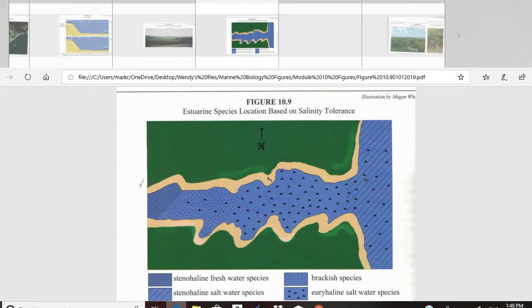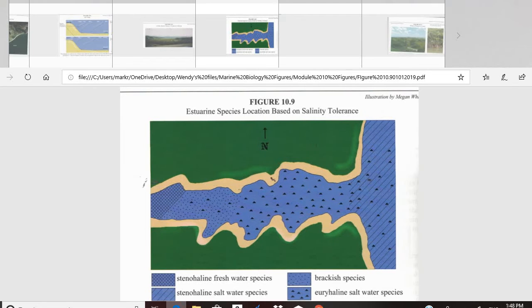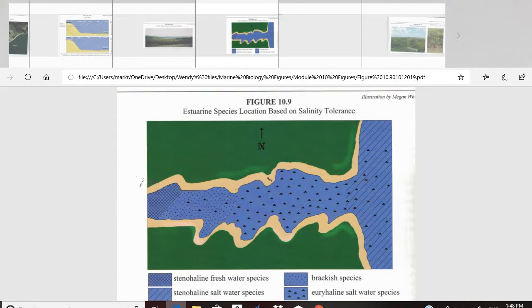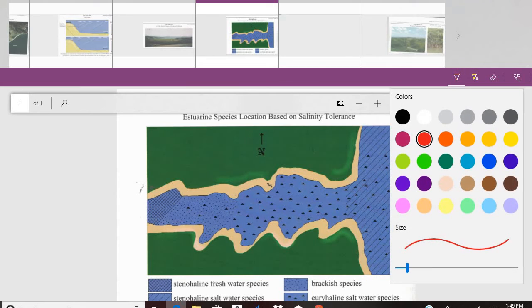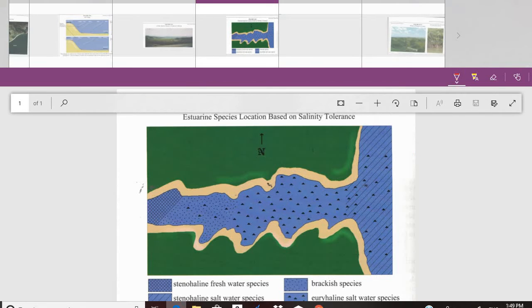Okay, so the species living here would be stenohaline, because they can only tolerate very narrow changes. So over here would be stenohaline organisms, because they can't tolerate changes as well.